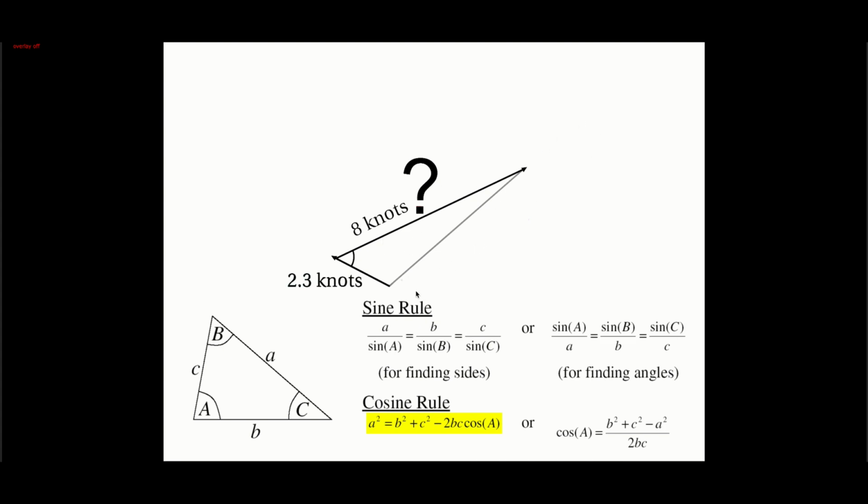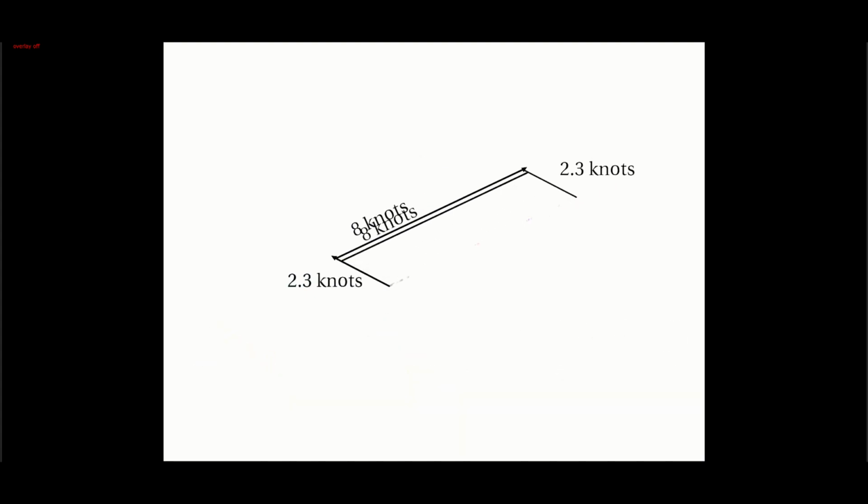Now you can do this with the sine and cosine rules, but if this scares you off, or you just don't like to do this kind of thing, there is a quicker method you can use, especially if you've got an accurate pencil drawing, and that is, if you draw a parallelogram, then the diagonal between these two corners will basically be the resultant force.